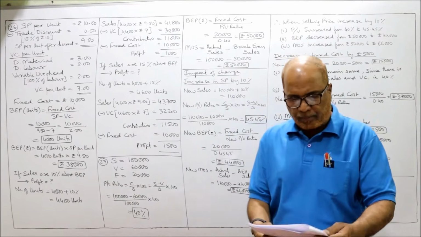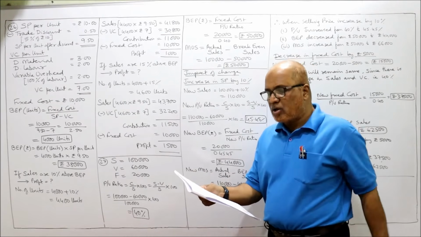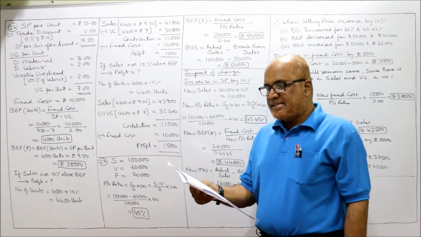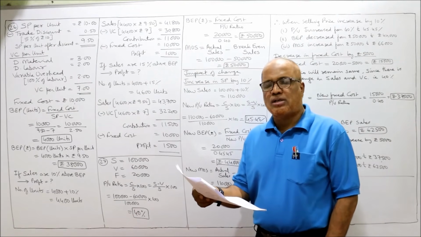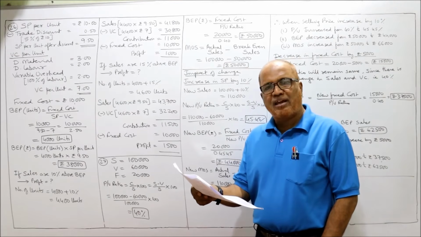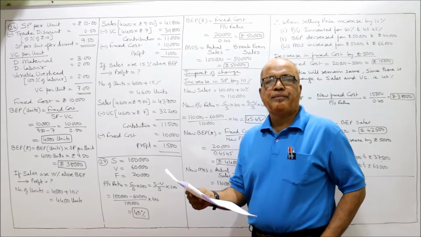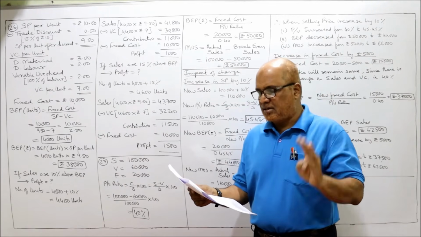Now 27th problem, see carefully. The following data are available from the records of a company. Sales 1 lakh rupees. Variable cost 60,000 and fixed cost 20,000. You are required to calculate the PV ratio, break-even point and margin of safety. So from this information, you have to calculate PV ratio, BEP and MOS.